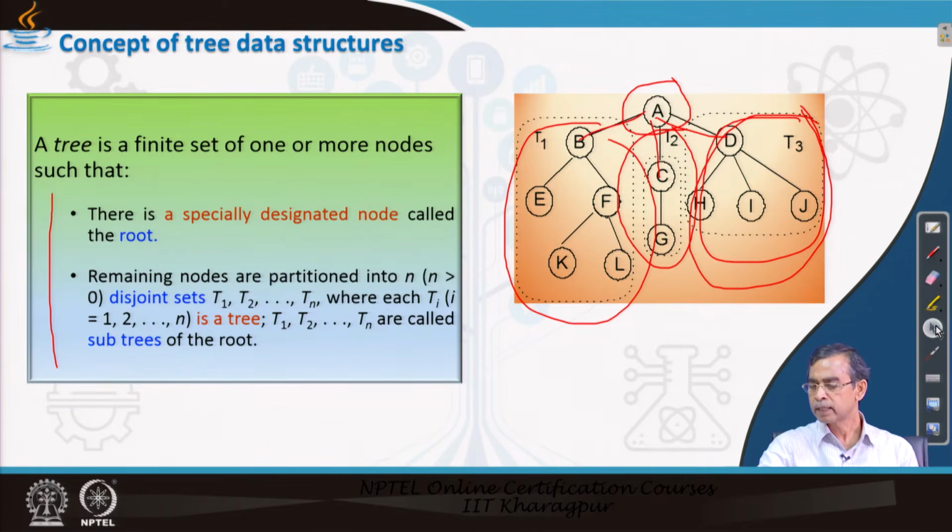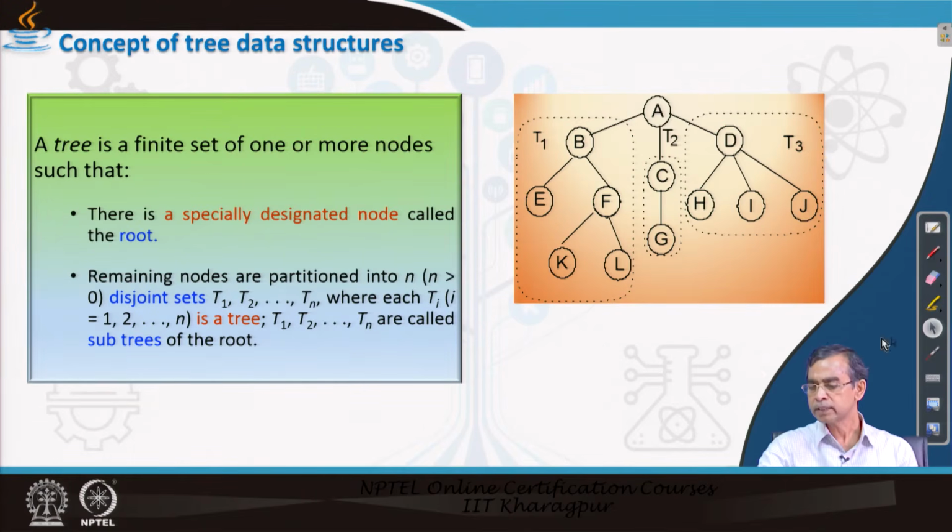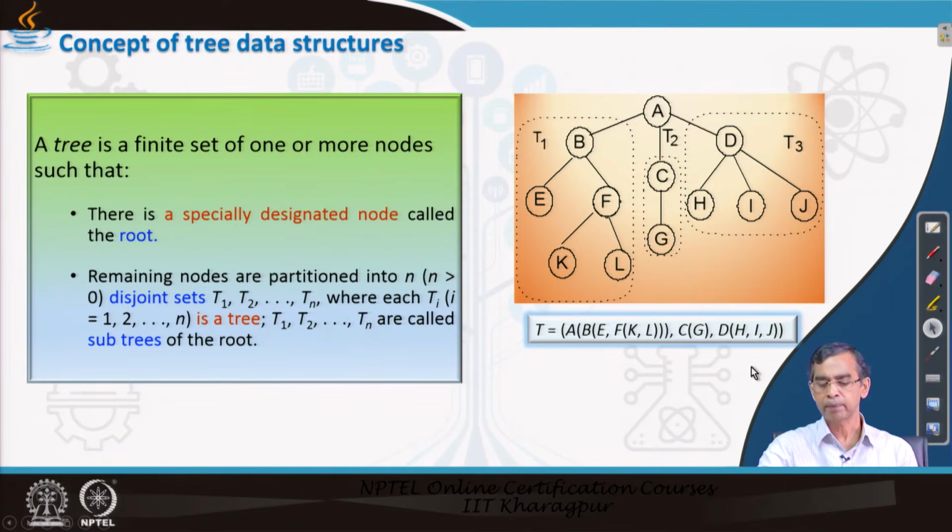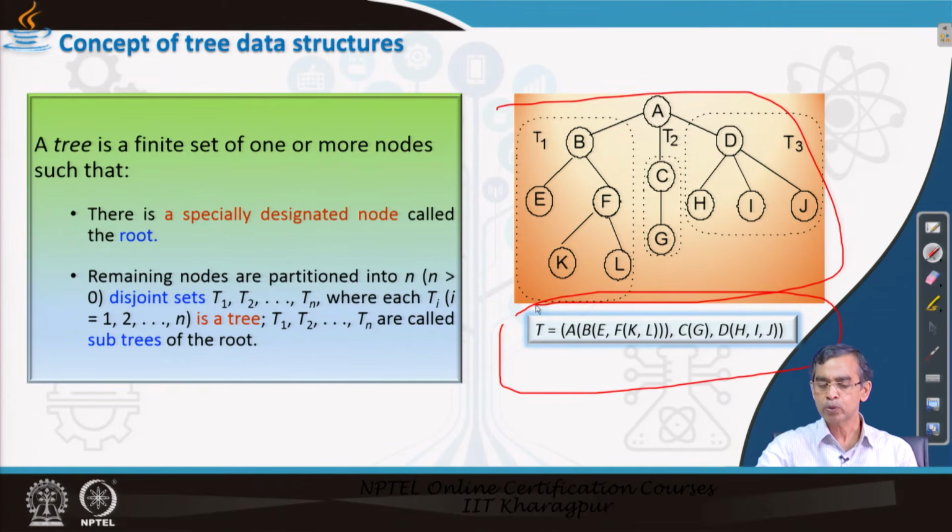So, let us learn about a few basic terminologies related to trees. A tree is a very old concept. I just want to show how a tree can be stored in the form of an expression, because an expression is basically a string. Suppose this is T, and we can denote this T as an expression.